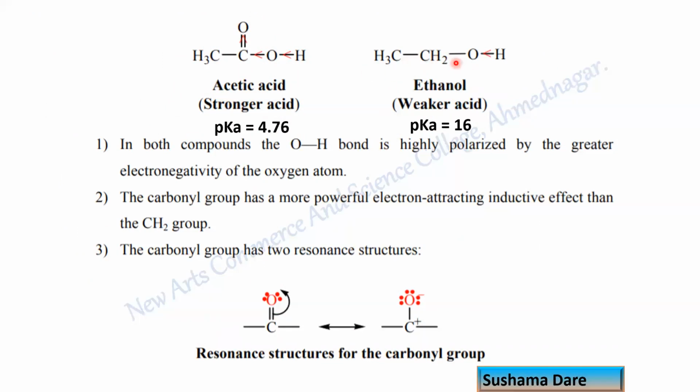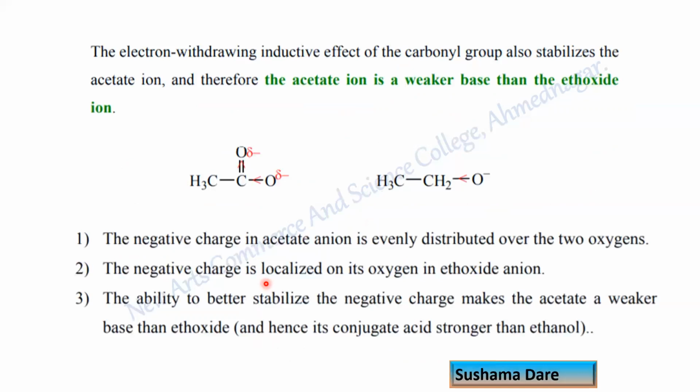But in this case, there is a localization of charge due to what? Due to the ethyl group, which shows an electron donating inductive effect. So because of this, the negative charge in the acetate ion is evenly distributed over the two oxygens, while the negative charge is localized on one oxygen in the ethoxide anion.